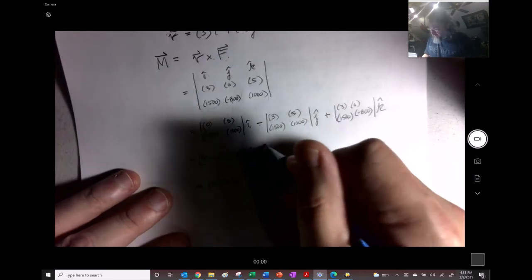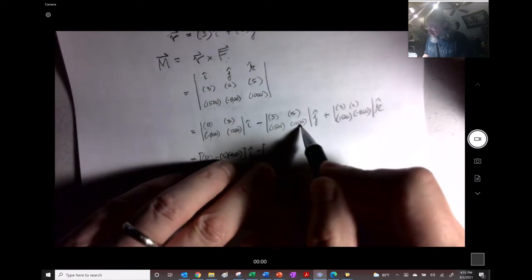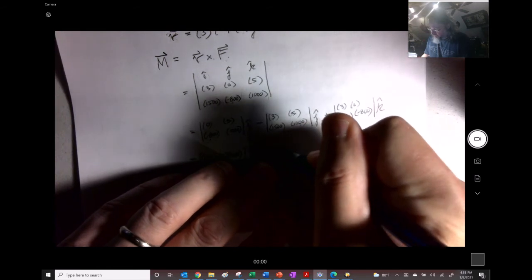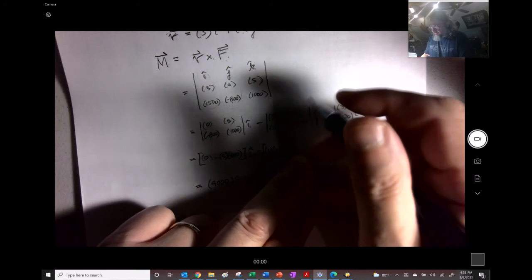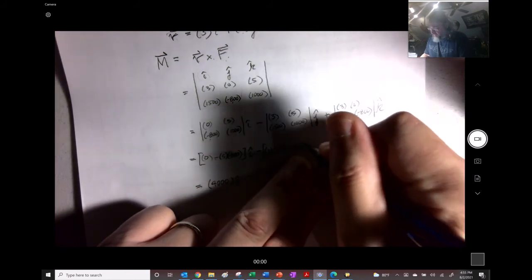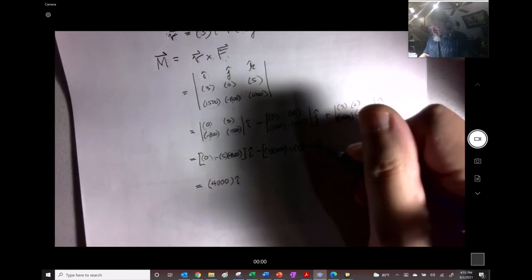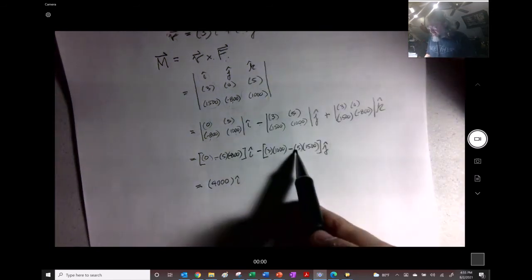Up here, let's do this one. We're going to have a minus bracket and go 3 times 1,000, minus 5 times 1,500. And that's going to be J. Well, right here, this is going to be 7,500.